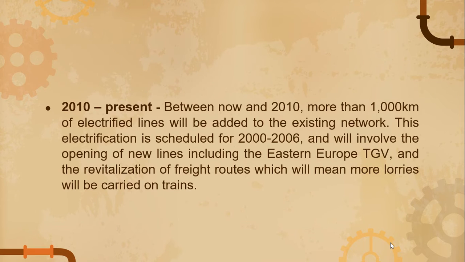Now, 2010 to present, more than 1,000 kilometers of electrified lines will be added to the existing network. This electrification is scheduled for 2000 to 2006 and will involve the opening of new lines including the Eastern Europe TGV and the revitalization of freight routes, which will mean more lorries will be carried on trains.